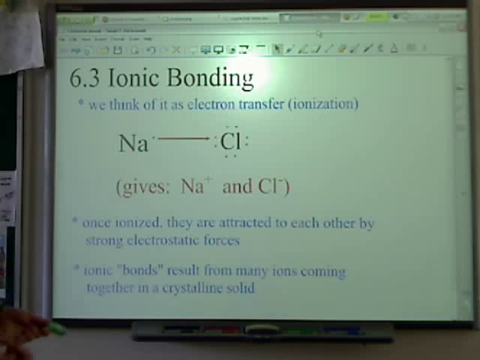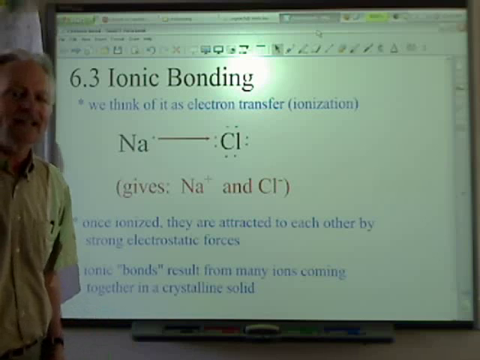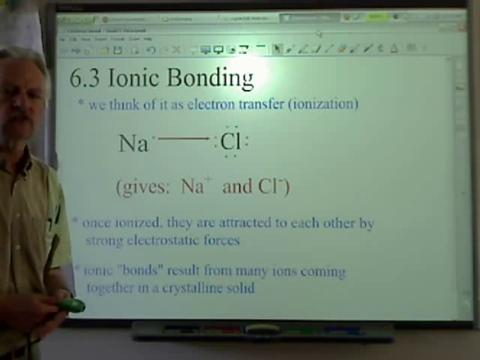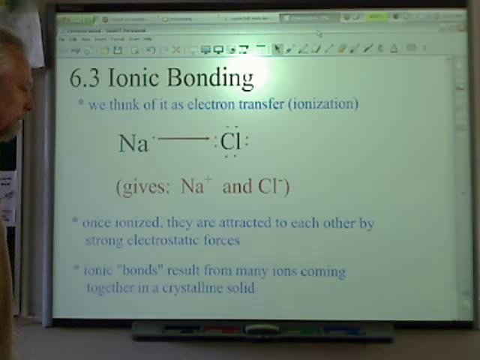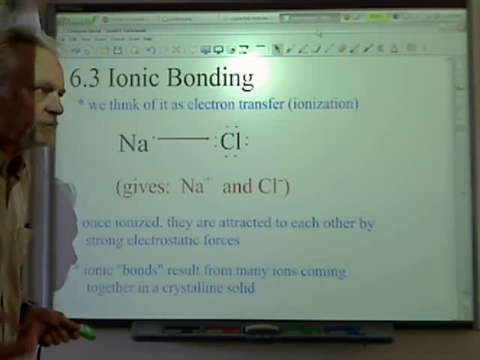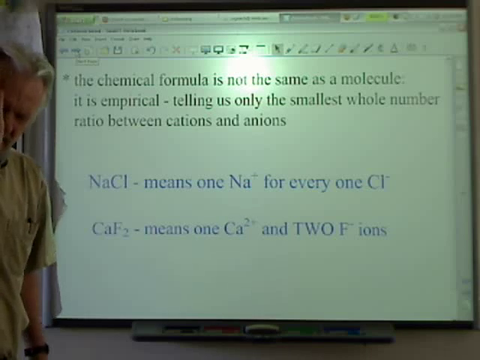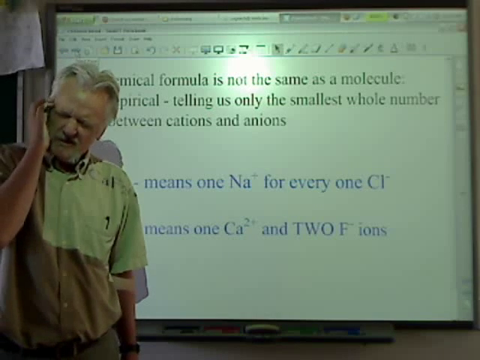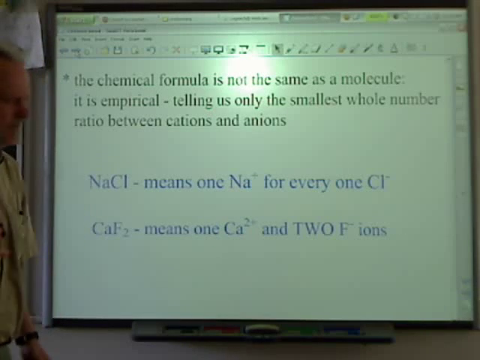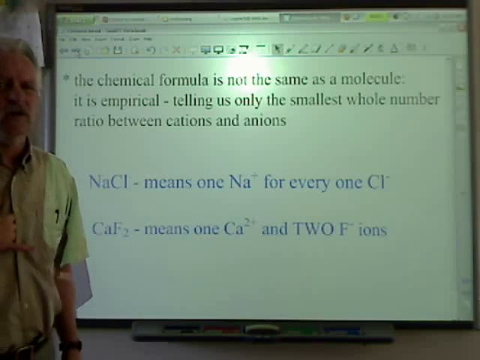Then ionic bonds are themselves essentially a community thing because all of these ions are packed together in this nice, neat crystalline solid where we end up with the attraction between neighboring ions with different charges. The important thing to note here, though, and this causes students a lot of trouble, is that the formula that we write for an ionic compound is not the same as the formula we write for a molecular or covalent compound.